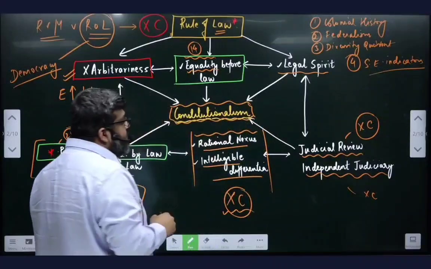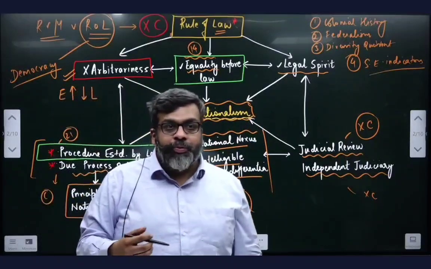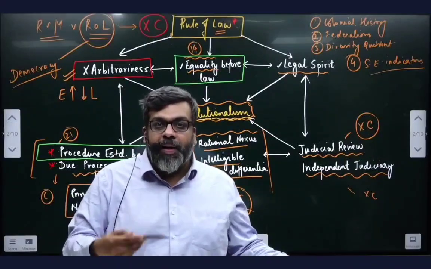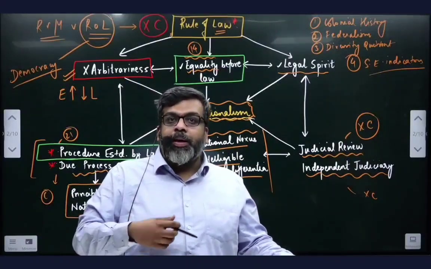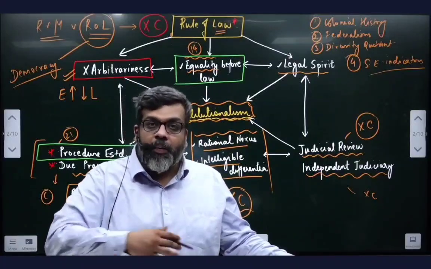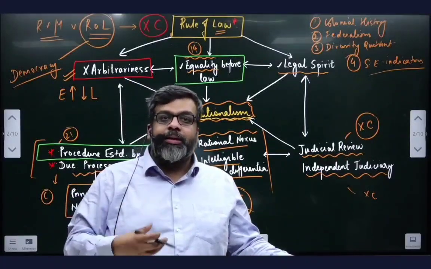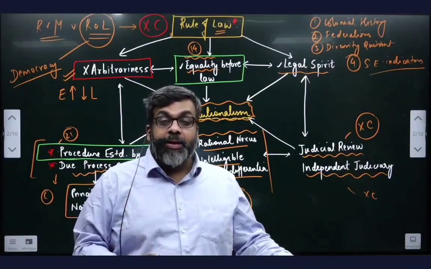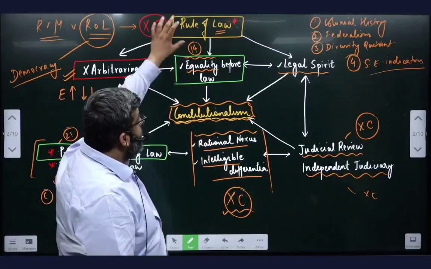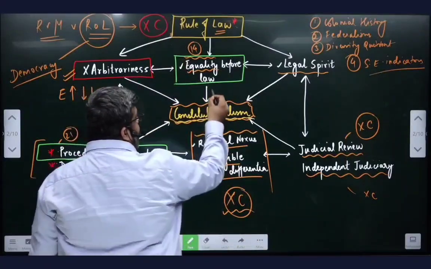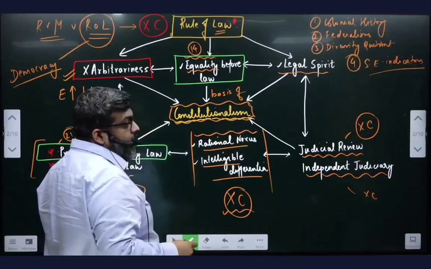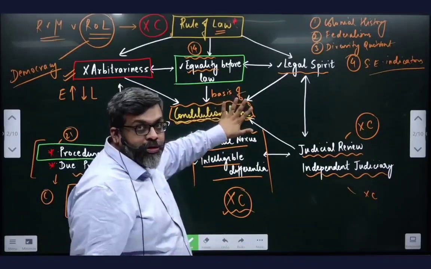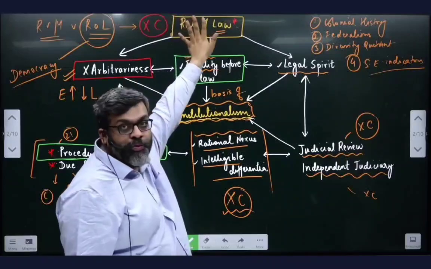Constitutionalism allows you to restrict the powers of the state, allows you to build whatever you can, however you can, to restrict the powers of the state, which is why rule of law is actually the basis of constitutionalism. So there cannot be constitutionalism if there is no rule of law.